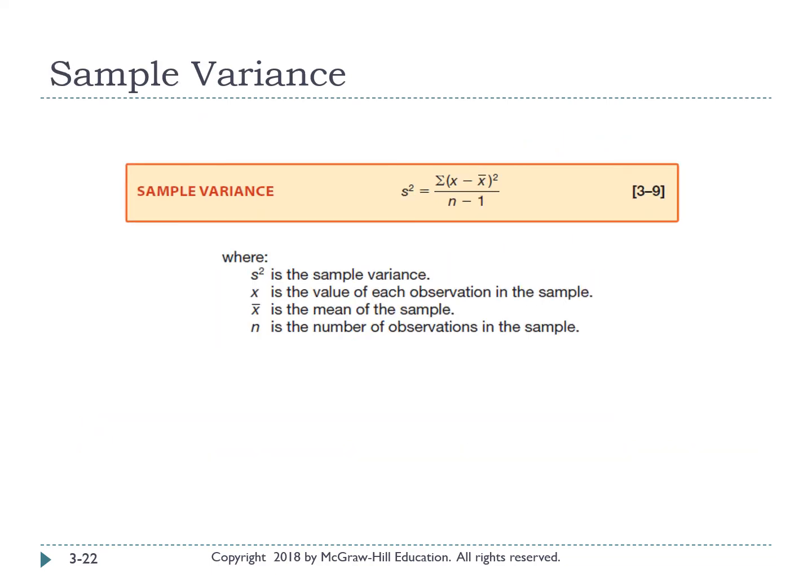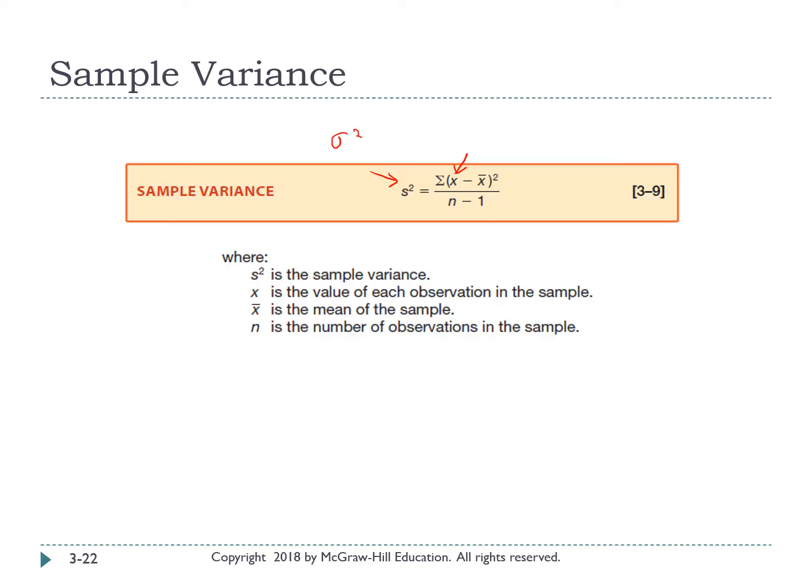If you have a population variance, you should also have a sample variance. Population variance is represented by sigma squared, while sample variance is represented by S squared. But the formulas are very similar. It equals the summation of (x minus x bar) squared, where x is your observation. Remember, for the population variance you have mu because you are talking about population.